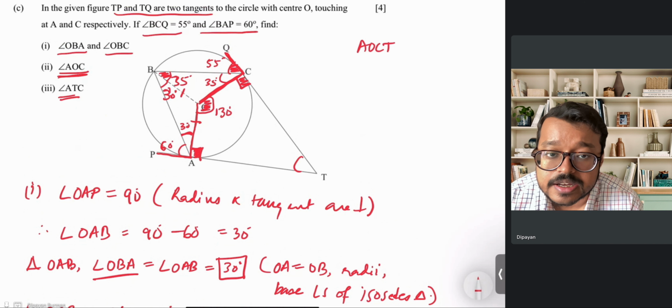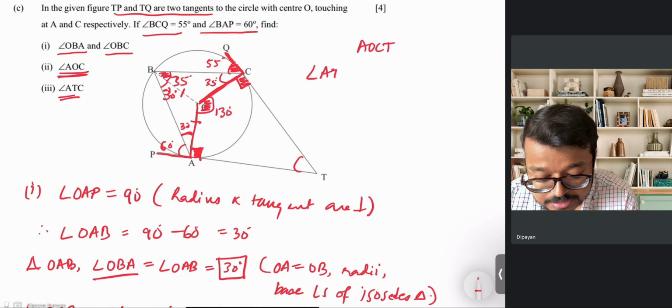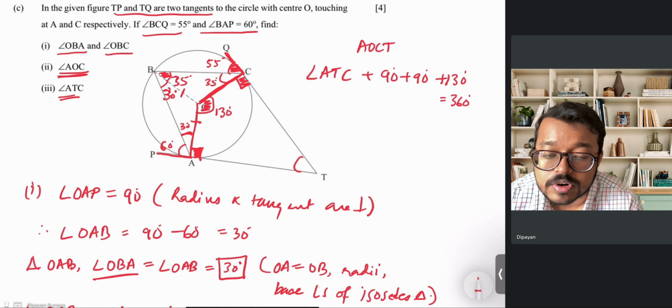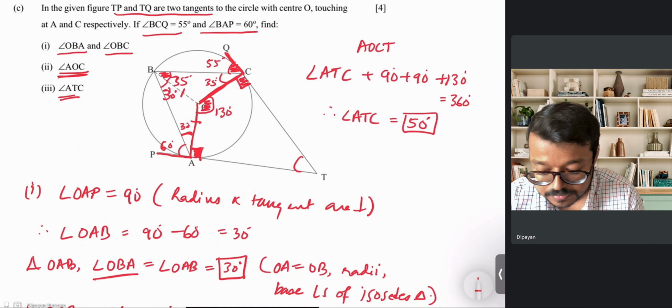So if I look at angle sum of a quadrilateral, it adds up to 360 degrees. So I will say that angle ATC plus 90 plus 90 plus 130 is 360 degree. Angle sum of quadrilateral, that you can mention. So therefore angle ATC must be 50 degree.